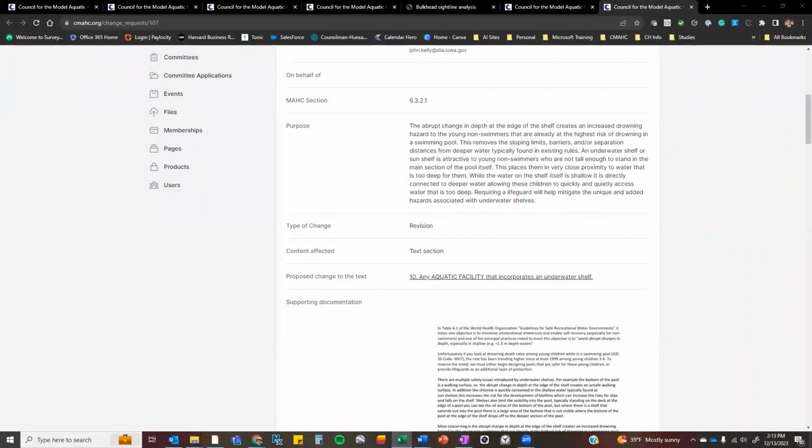There's support with language changes, support as written, and is it safe to say that there is anybody that is not in support? Or should I say TRC at the time was in support with language changes, or was in support? I'm going to have to say not in support as written.